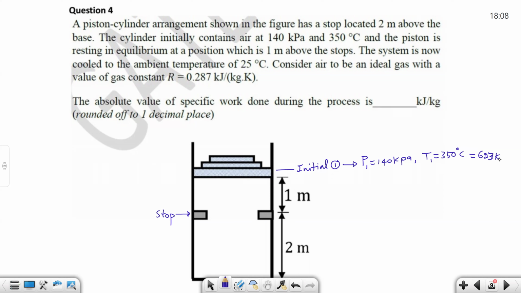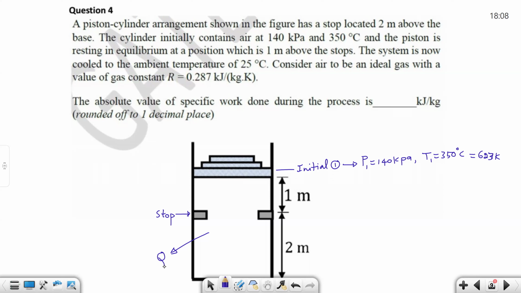And now we are removing the heat. The system is now cooled to atmospheric pressure. So that means you are removing the heat. As you remove the heat, what will happen?